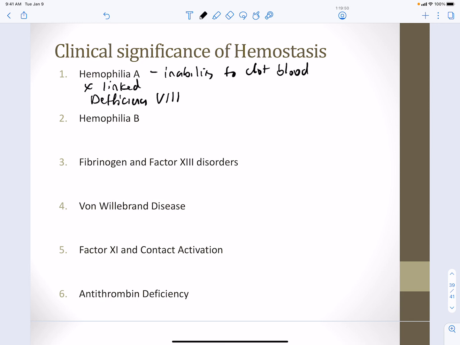You get hemorrhaging and easy bruising. Treatment can be to give factor 8. We have hemophilia B, which is also an inability to clot. This is a deficiency of factor 9. Prevalence is 1 in 10 that of hemophilia A, so it's not as prevalent.